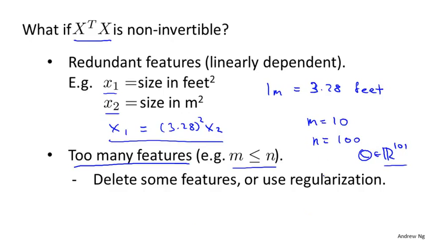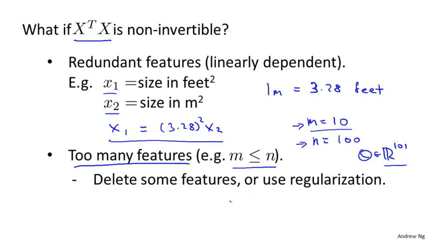You're trying to fit 101 parameters from just 10 training examples. This turns out to sometimes work, but not always be a good idea, because you might not have enough data to fit 101 parameters from only 10 examples. We'll see later in this course why this might be too little data to fit this many parameters.